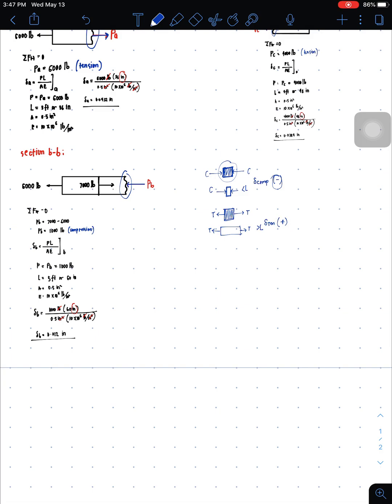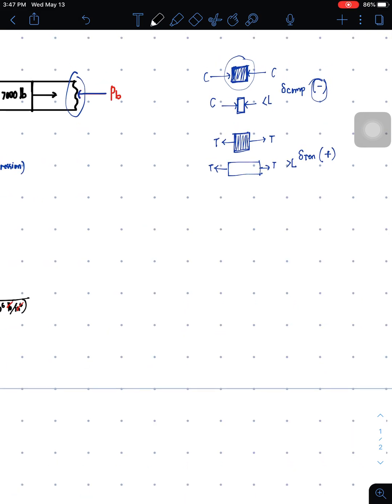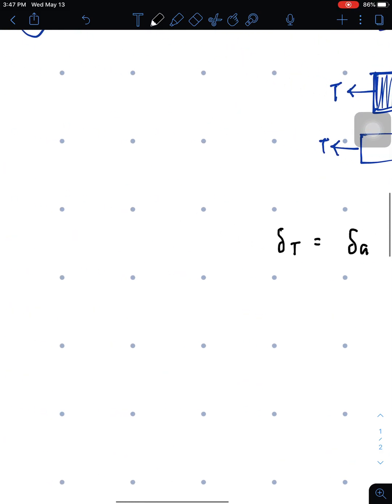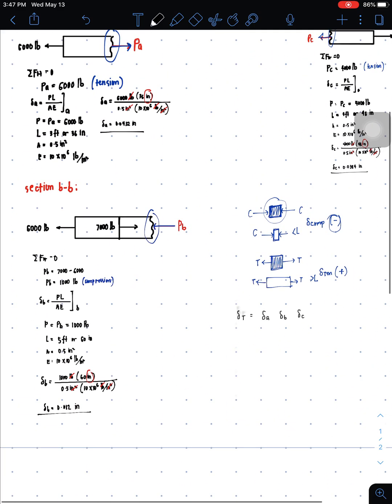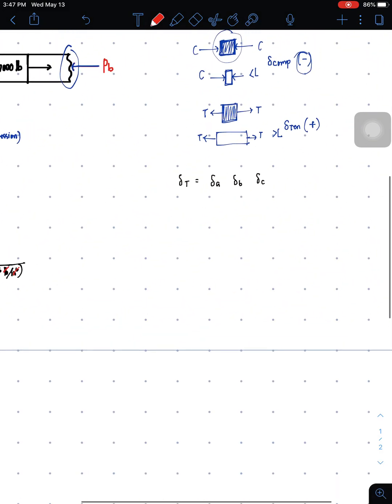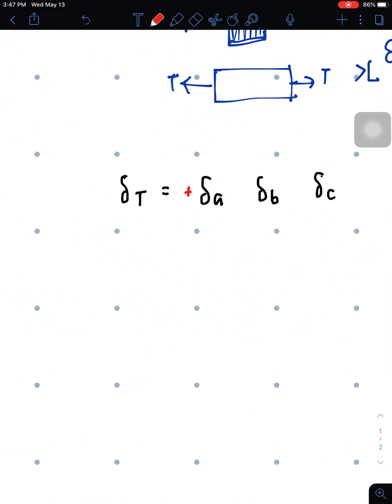So what is the relationship here? It's going to be like this. The total deformation of the material is equal to the deformation of section A together with the deformation of section B and the deformation of section C, but depending on the axial force each one carries. Section A has a tensile axial force, therefore it bears the positive sign.